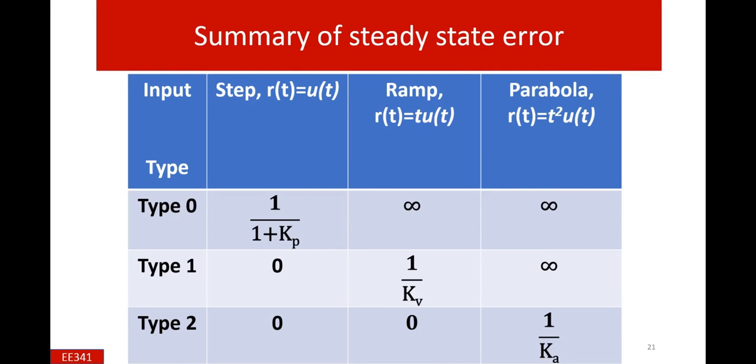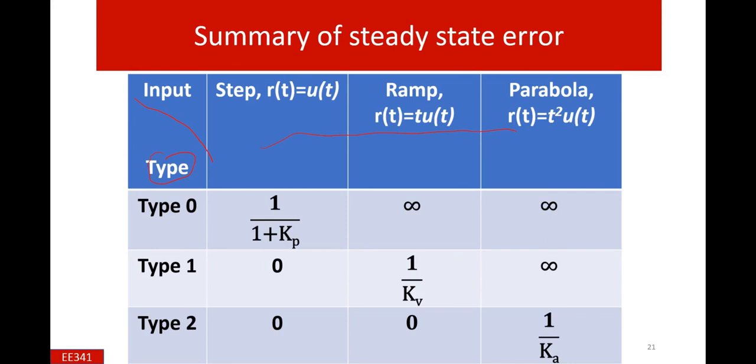For example, here the first column represents the type: type 0, type 1, and type 2, and this horizontal row represents the different types of inputs.